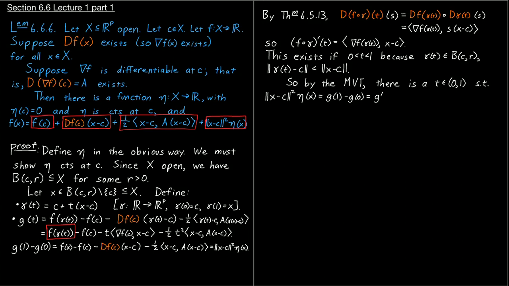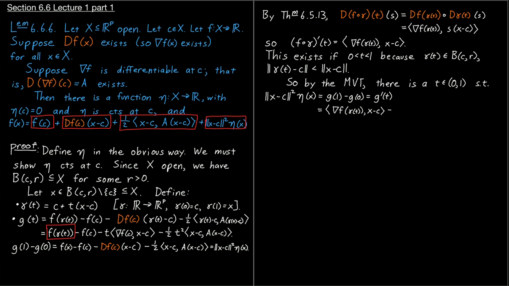That's g prime of t, and we've discovered that g prime of t is the inner product of gradient of f at gamma of t with x minus c.